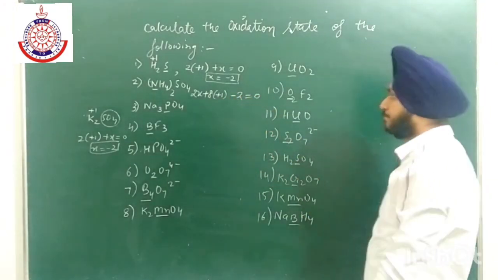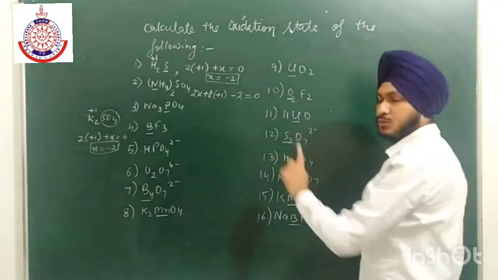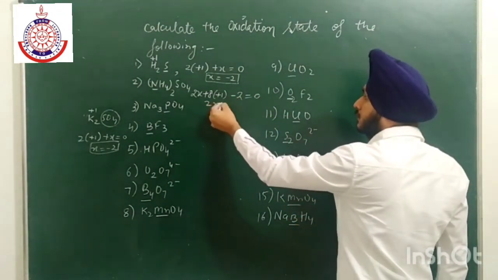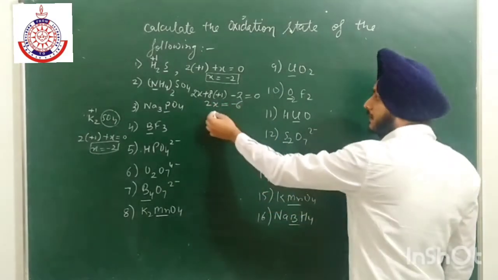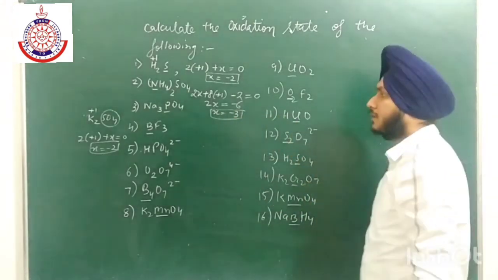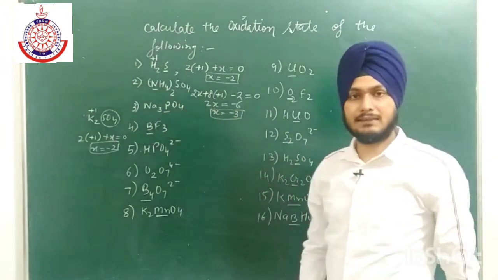Now 8 minus 2 is 6, so 2X is equal to -6 and X is equal to -3. So the oxidation number of nitrogen in this compound is -3.